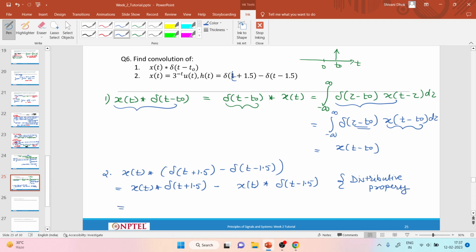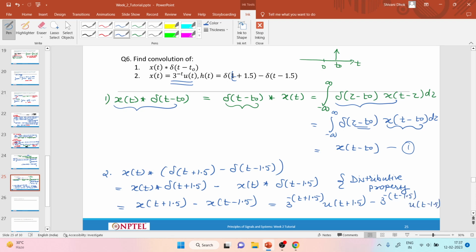So this is equal to, using this property which has been derived in equation 1, x of t plus 1.5 minus x of t minus 1.5, and this is equal to, using the equation given here, 3 power minus (t plus 1.5) into u of t plus 1.5, minus 3 to the power minus (t minus 1.5) into u of t minus 1.5.